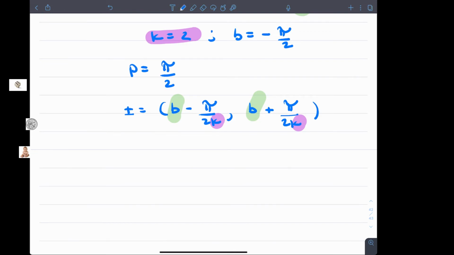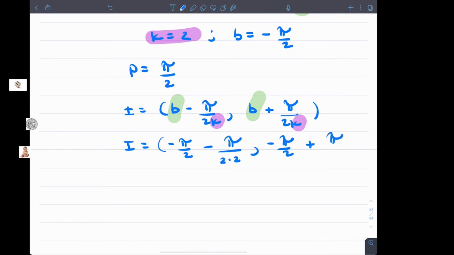We desperately need that interval of 1 cycle. So b will be what? Negative pi over 2 minus pi over 2 times 2. Negative pi over 2 what? Plus pi over what? 2 times 2.